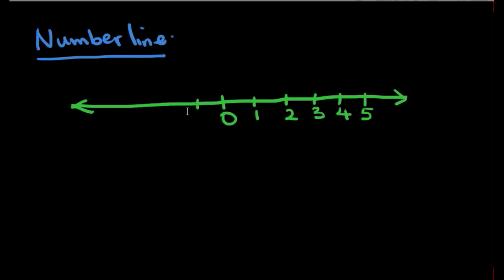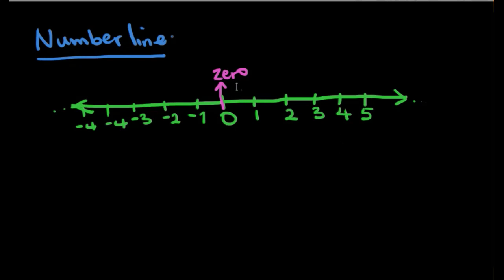Now this side you have -1, -2, -3, -4, -5, and many others are going that side. You see that at this point we have 0.